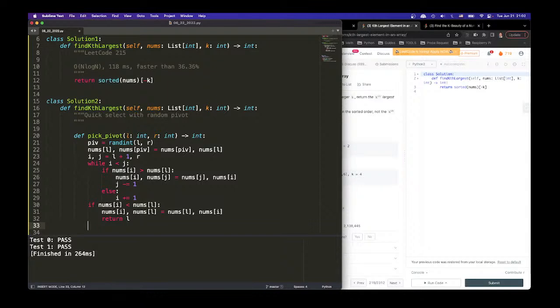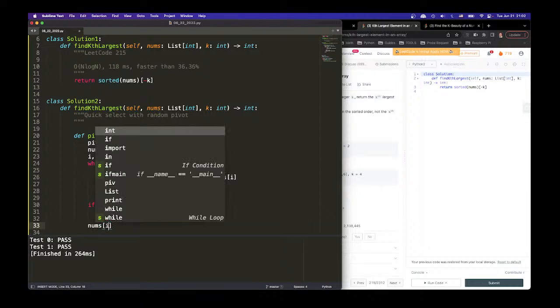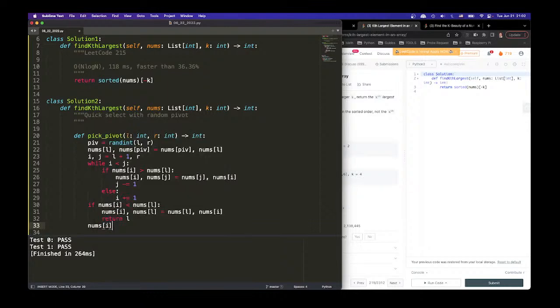Else, if I is larger or equal to, then nums I is larger or equal to, so we have to swap. What if it's equal to?